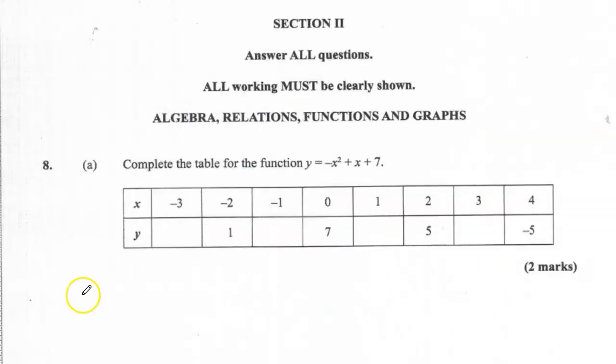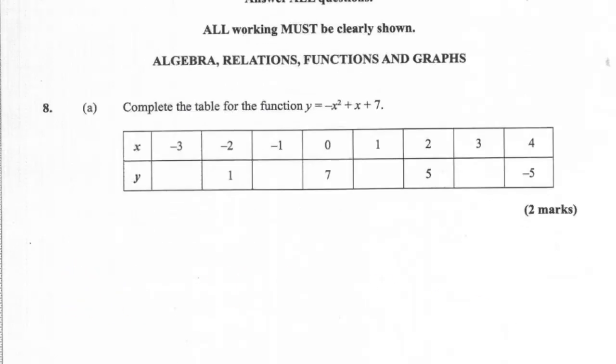Question 8. Complete a table for the function. We have some missing y values, so we need the first missing y value when x is negative 3. Substitute x equal to minus 3.